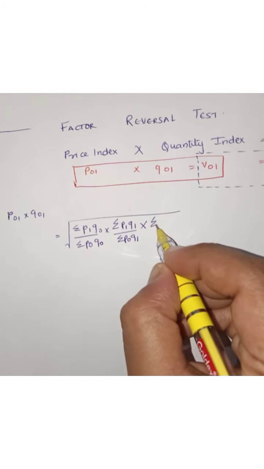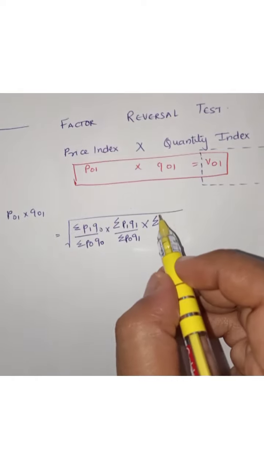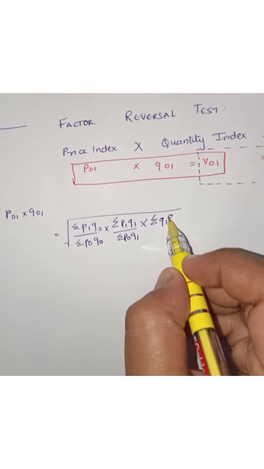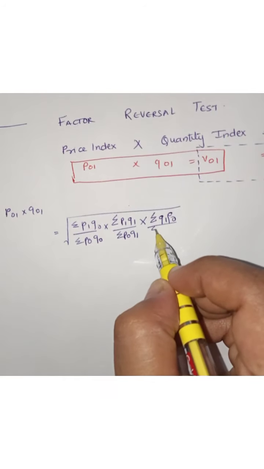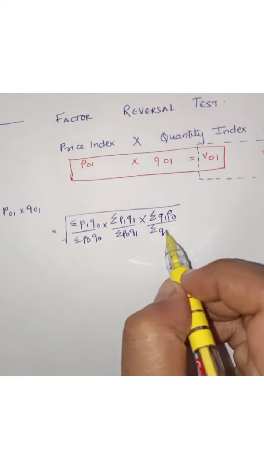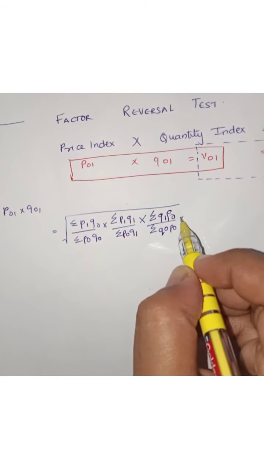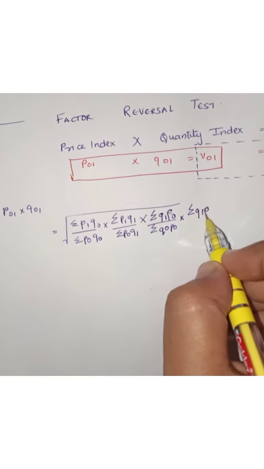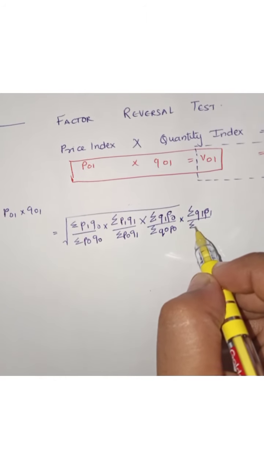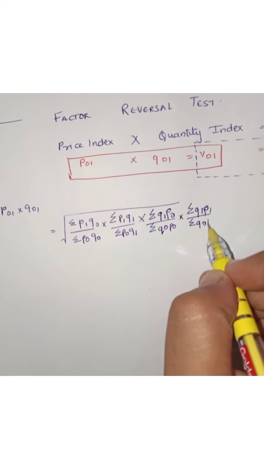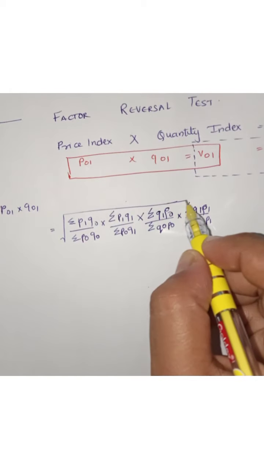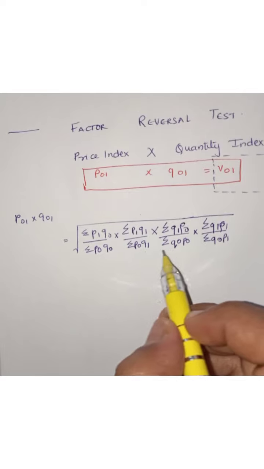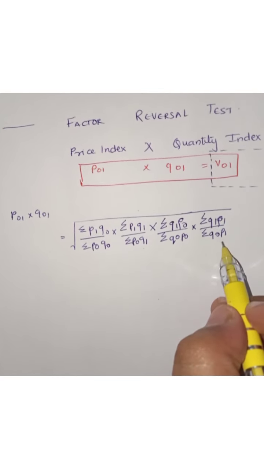So summation of Q1 P0 divided by summation of Q0 P0 into summation of Q1 P1 divided by summation of Q0 P1. So basically this is my P01 of Fisher's and this is my Q01 of Fisher's.